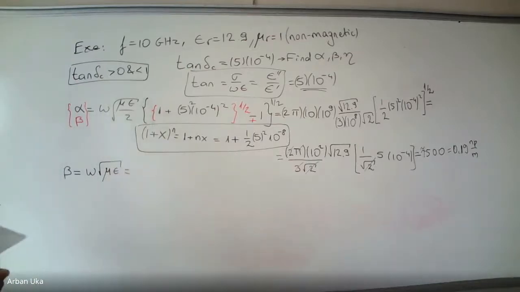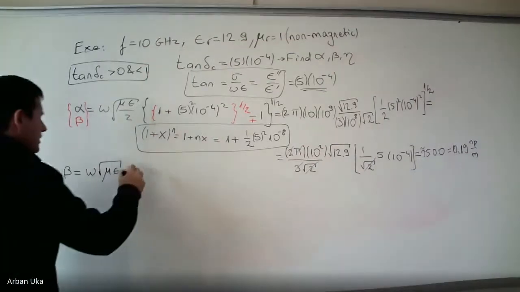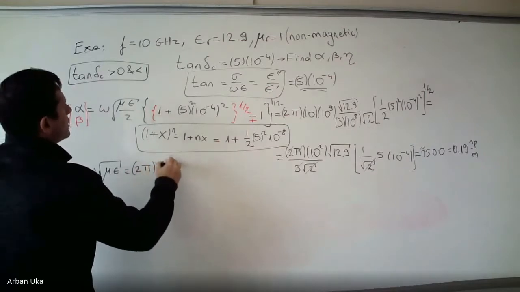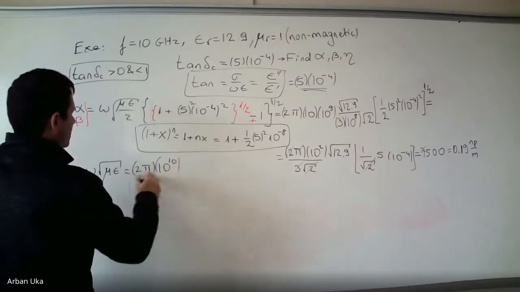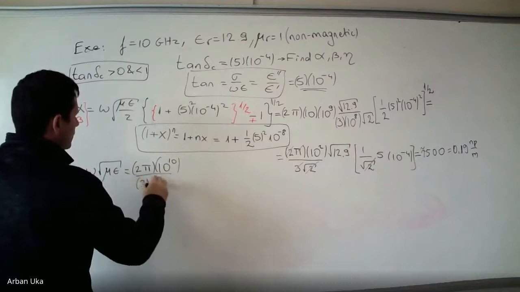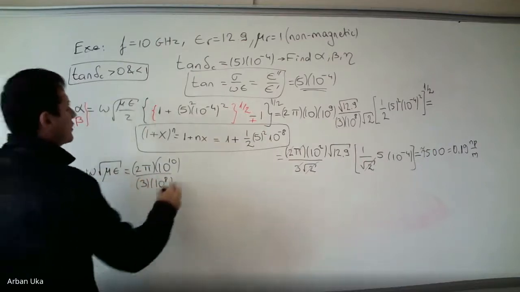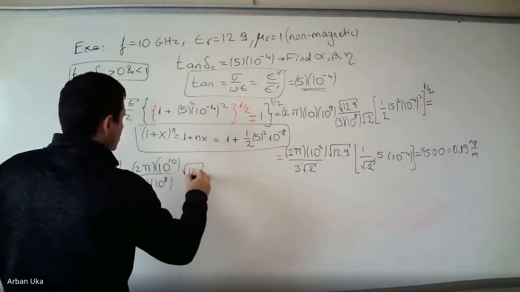So beta, after we substitute everything, we get a number of approximately, let me see, I don't have it, but let's try to calculate this again. 2 pi 10 to the power 10 divided by 3 times 10 to the power 8 times the square root of 12.9. Square root of 0.9.